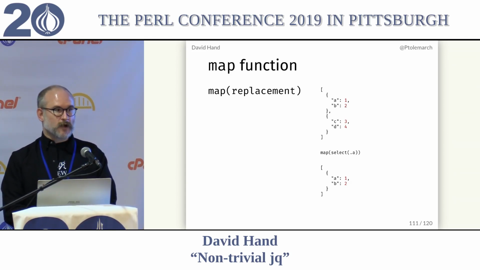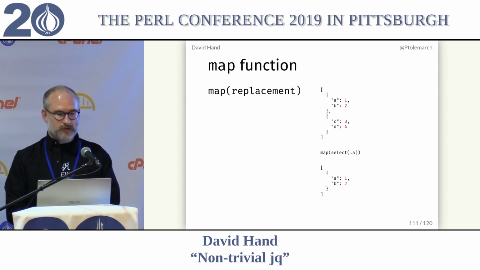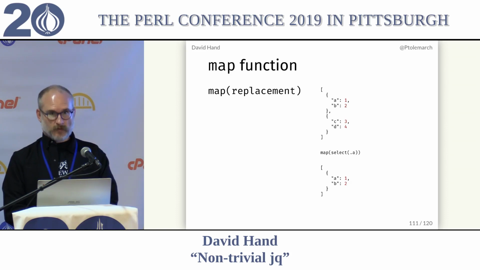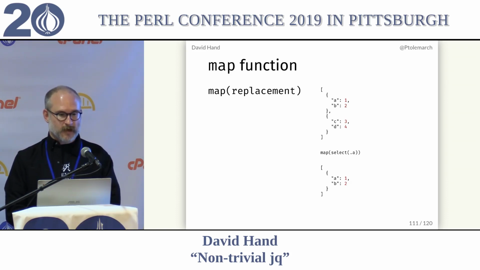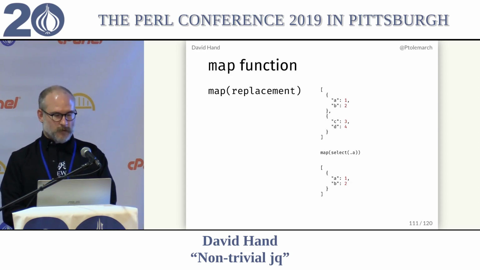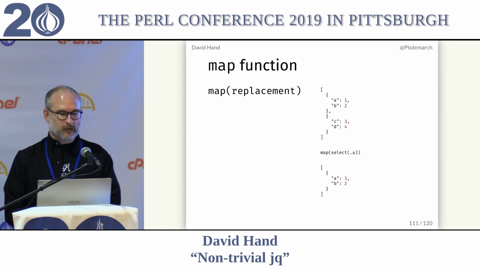In the first case, dot a is 1, which is a truthy value, and it passes. So select says, well, that is a truthy value, and it passes on what it was passed, which is the first element of the array. Fine. In the case of the second element of the array, it does the same thing. It tries to dereference a. It gets undef, I'm sorry, null.